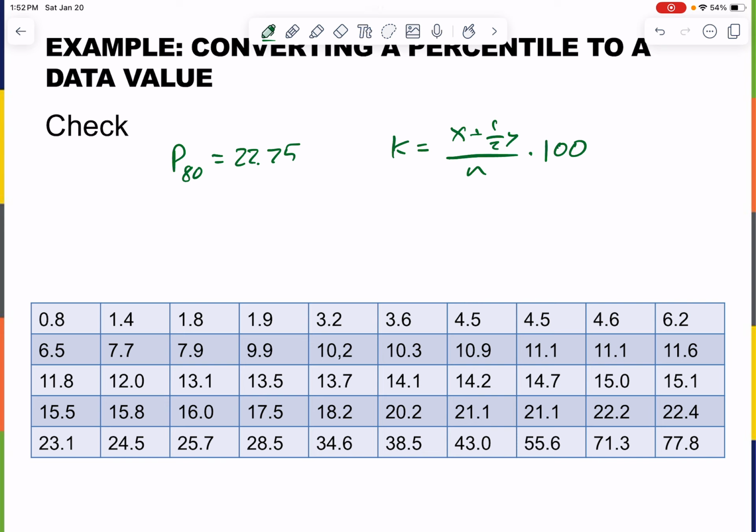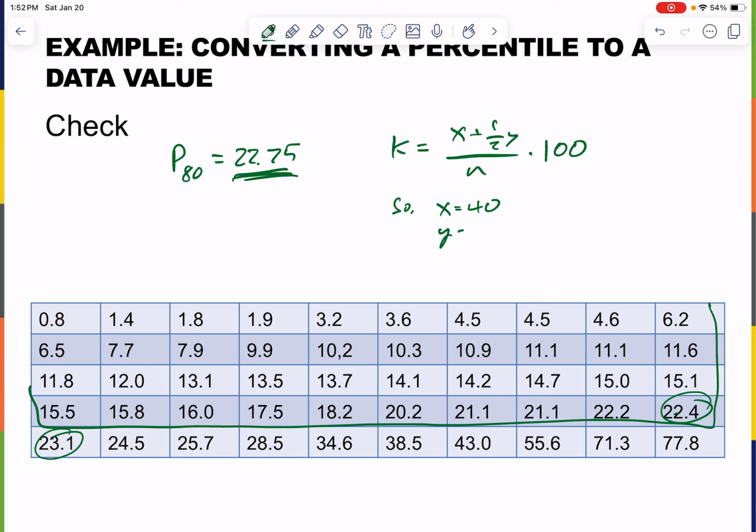So how many are less than 22.75? Well, let's see. This one is not less than 22.75, but this one is. So I'm going to count this and down. I have 40 data points here. So x equals 40.